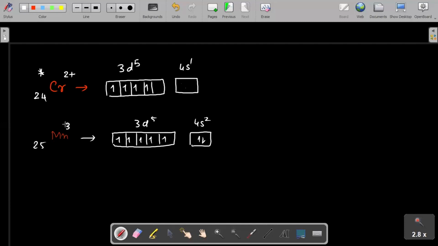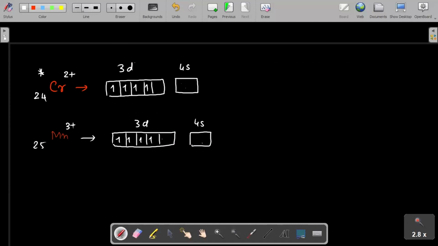We are saying +3 oxidation state, so you have to take out 3 electrons. The first two electrons I will take out from the s orbital. I still have one more electron, so the third electron is taken out from the d orbital. So guys, we have a similar configuration. Look at this configuration.